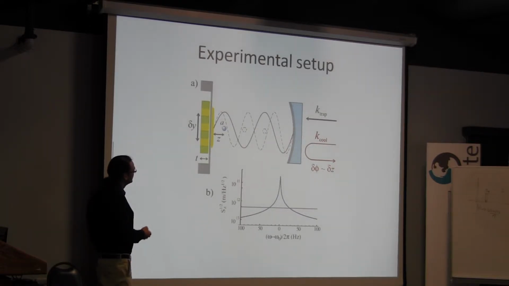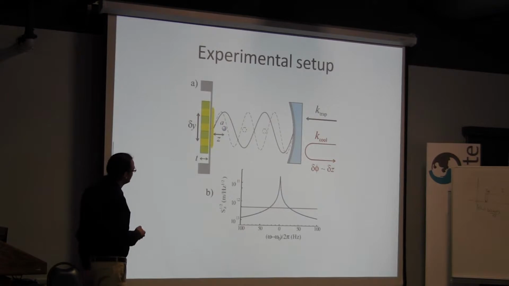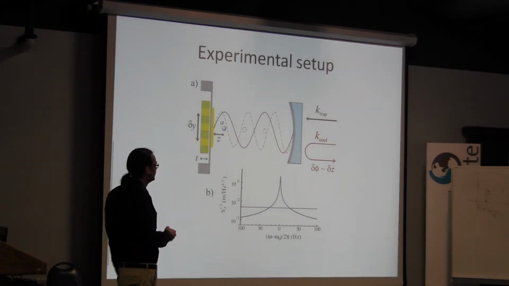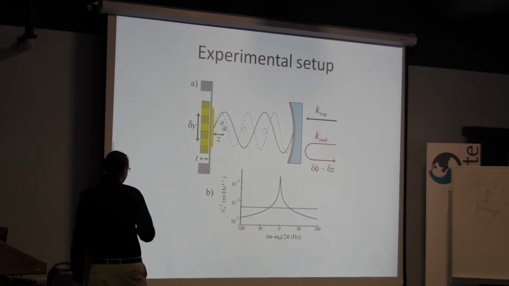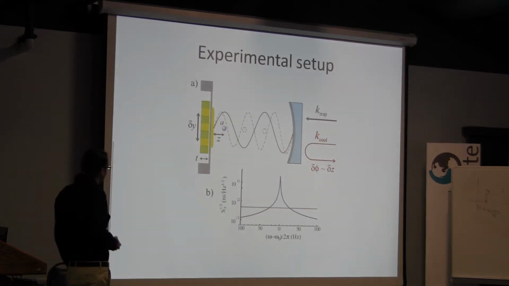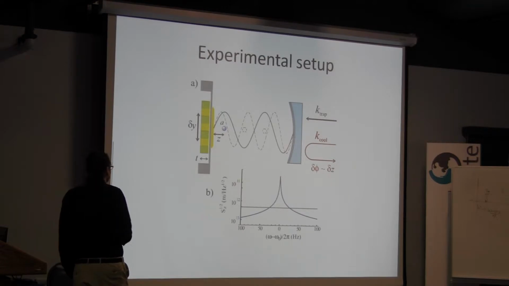There's a second light field in this cavity that we're going to use to cool the motion of the sphere, and that wavelength is chosen such that at the first antinode, when I'm at a position of maximum intensity of the trapping light, I'm also at a position of maximum intensity gradient of cooling light to facilitate the maximum cooling possible. I'll measure the position of this oscillator by looking at the phase of the reflected cooling light coming out of the cavity.